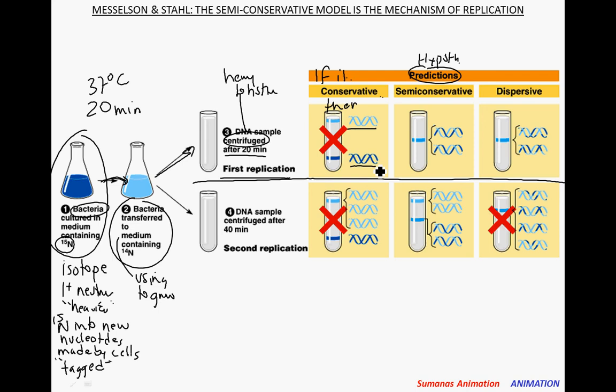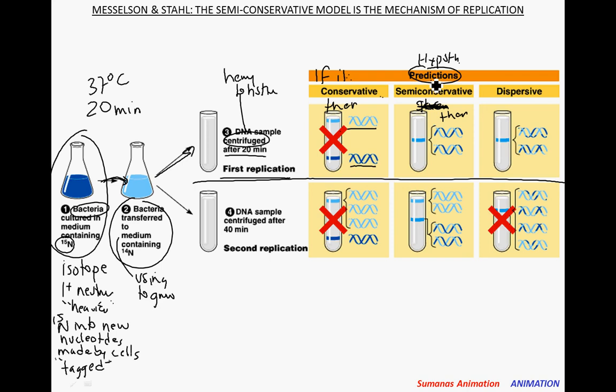They see an intermediate band. If it's semi-conservative, then this is what they would see, and if it was dispersive, they would also expect to see this middle band. And this is indeed what they see: a band of intermediate weight here.